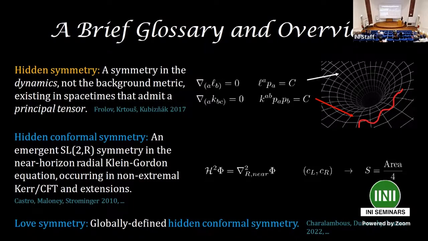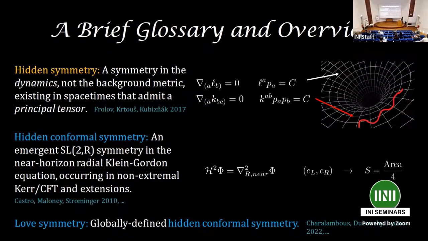The payoff of this is that we're going to be able to extract some temperatures, and using known quantities for central charges, we'll be able to potentially assume the presence of a CFT, apply a Cardy formula, and show that the entropy exactly matches the Bekenstein-Hawking entropy. This is just an overview. We're going to have a lot more details, don't worry.